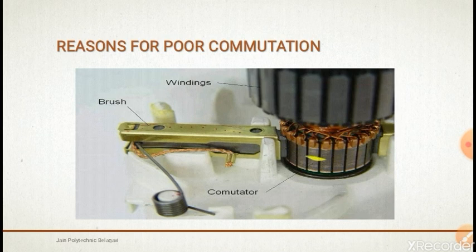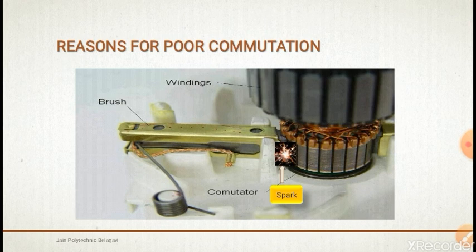Whenever this commutator is rotating, there will be a reversal of the current. The reversal of this current during the short circuit period results in a spark between the brush and the commutator. It is called poor commutation.